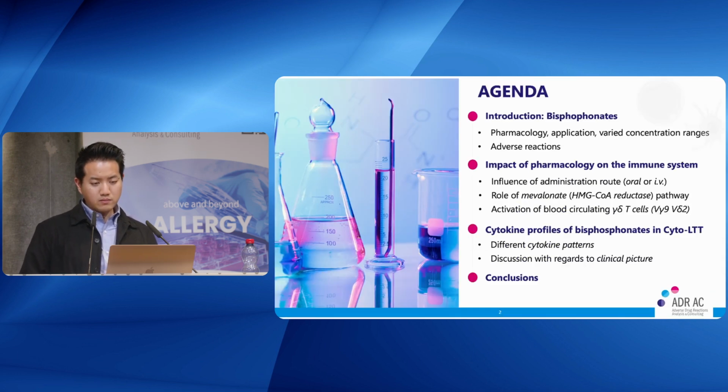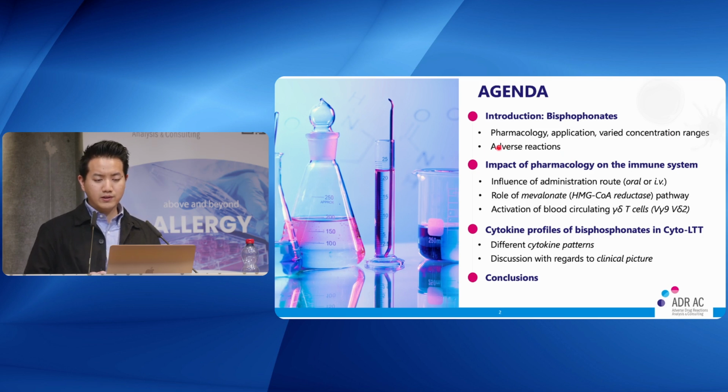So why we are talking about this today is because bisphosphonates are not so frequently seen in adverse reactions, and we see some interesting patterns in the lab. To begin, I will go through the basic pharmacology and where it's used, and also describe that in the clinics it's used at a different range depending on which one you use, and also which route of administration.